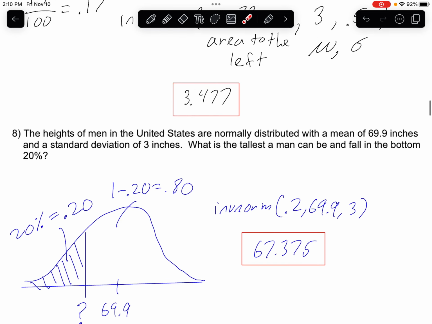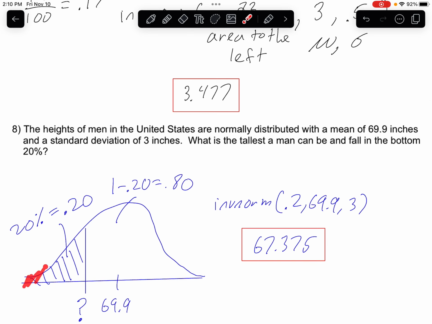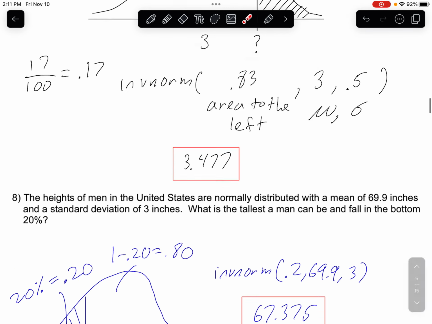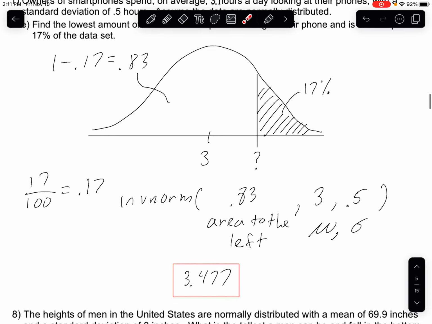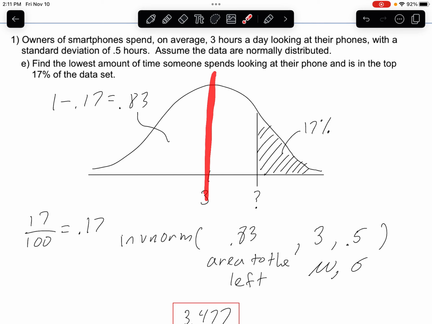And that means when we draw our normal distribution, we are shading in the area to the left of this data value. And one thing about the size of the shaded region is that if you were to cut this normal distribution in half at the average that you're given, what that means is that the left-hand side is 50% of the data.